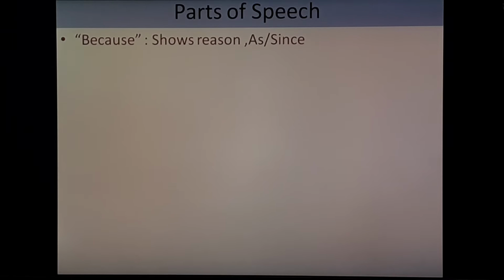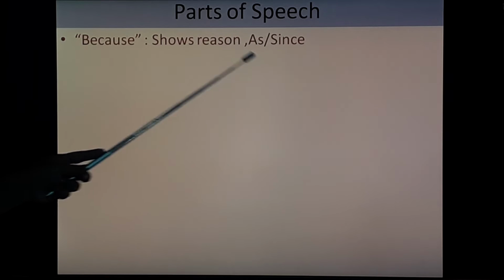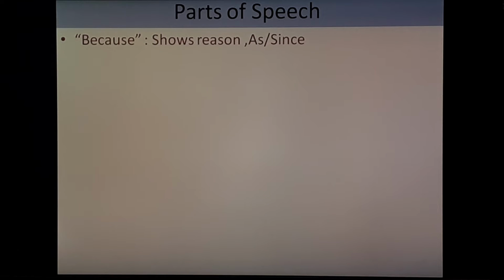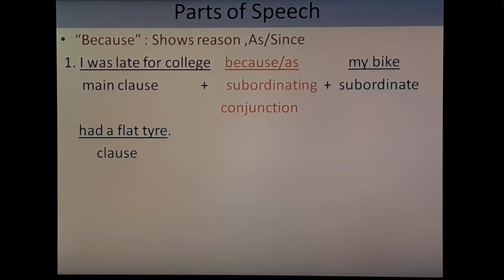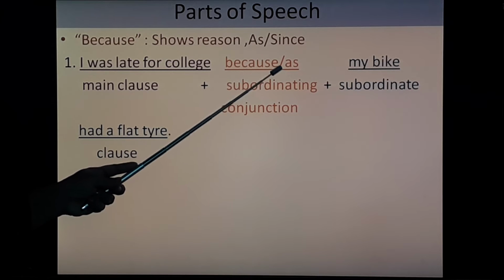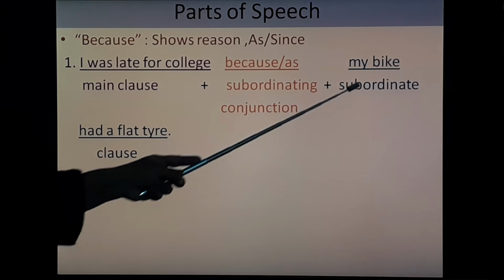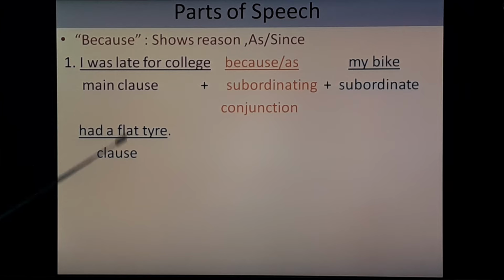Let's move to subordinating conjunctions, and first is 'because'. Here 'because' means reason. It shows reason. You can use 'as' or 'since' in place of 'because'. For example, I was late for college because, or as, or you can use since, my bike had a flat tire.